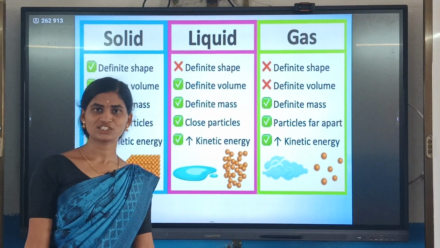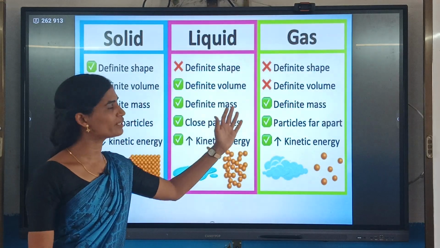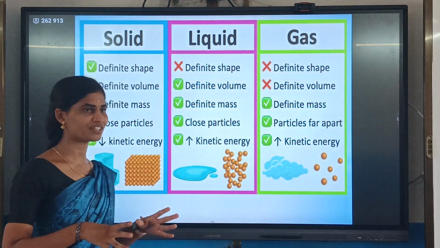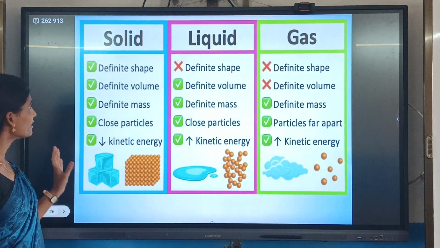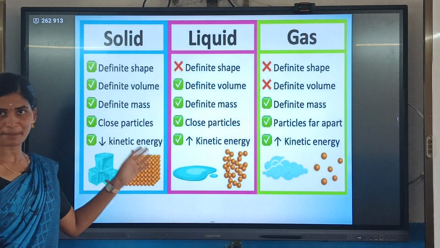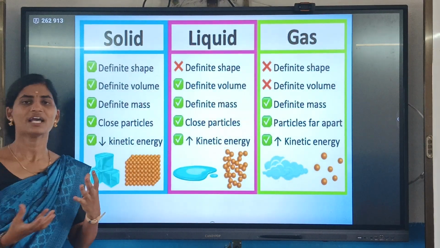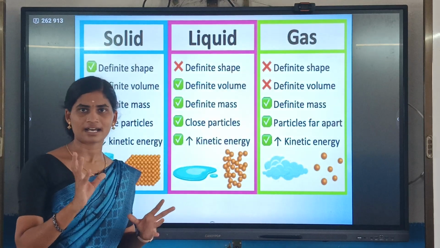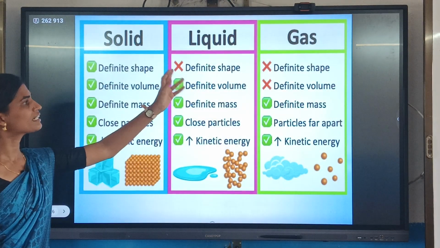Before the physical nature, we must see the properties of solid, liquid, gas. Solids have a definite shape. For example, consider this panel as a solid. It has a definite shape, right? A liquid has no definite shape. If I pour water in a water bottle, it takes up the shape of the bottle.